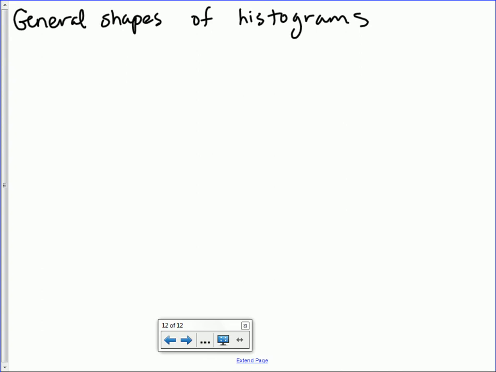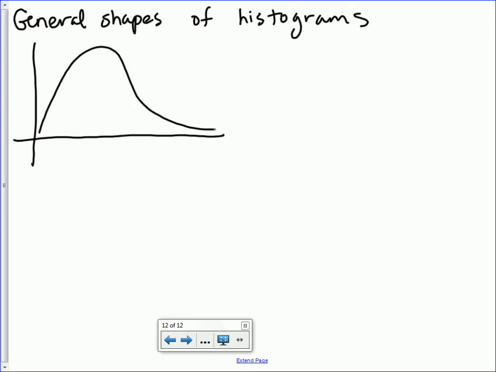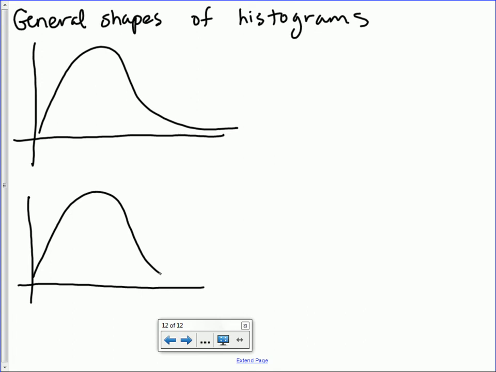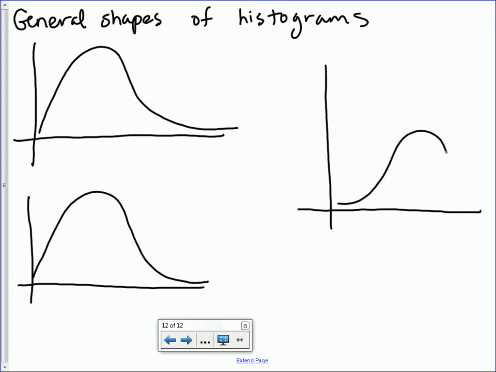And general shapes of histograms, you can have one that looks like this. You may have one in general that looks like that. You may have one that looks like this, or you can have one that looks like this.